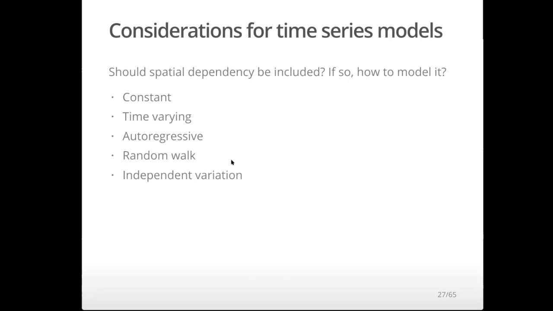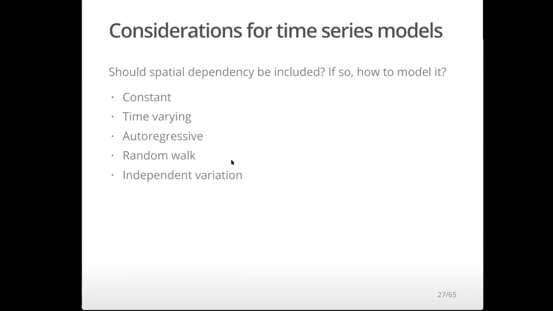Thinking about how that spatial field might change through time, we might have a situation where it was independent, but we could also have a situation where the spatial process itself could be modeled as a random walk. If we think about taking the spatial field and modeling it as a series of random effects, you can think about modeling that vector of random effects as being centered on the vector from the time step before, and so forth. And so you can think about that spatio-temporal field as being this autoregressive process.